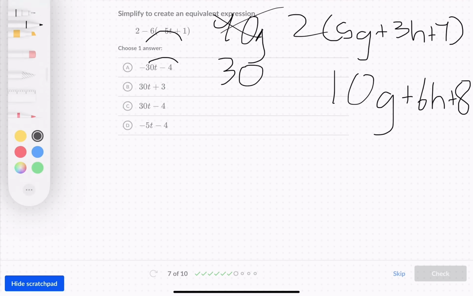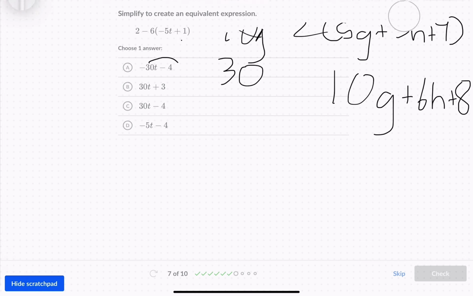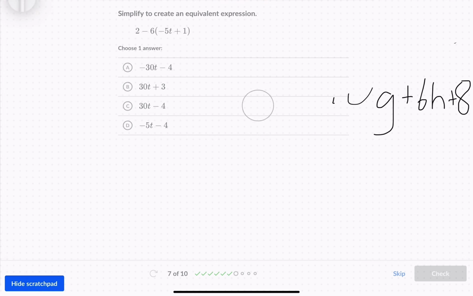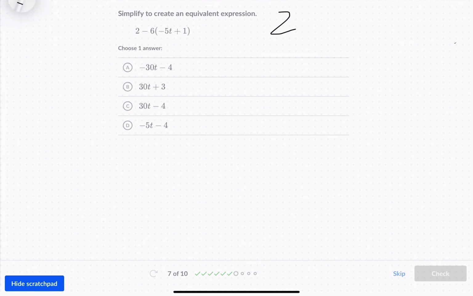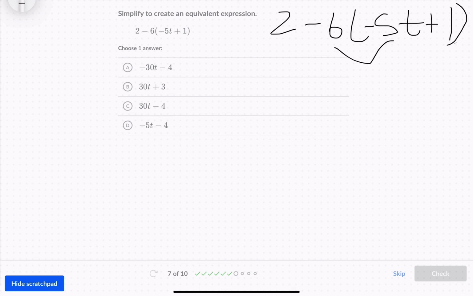Simplify to create an equivalent expression. So let me just erase all of this. Two minus 6 times (minus 5t plus 1). A minus times a minus is a positive, so 30t.